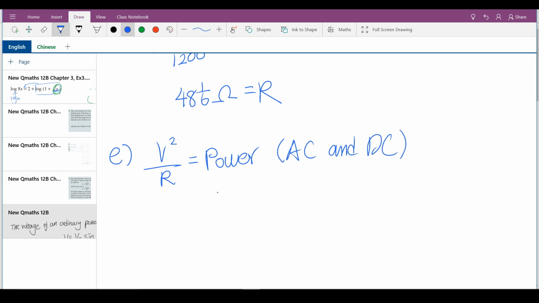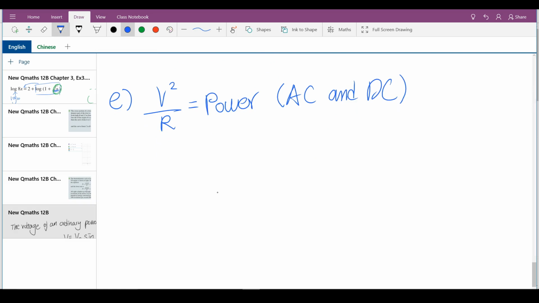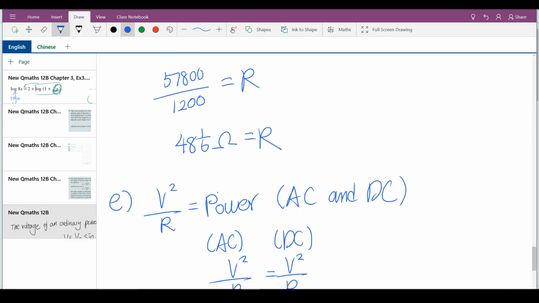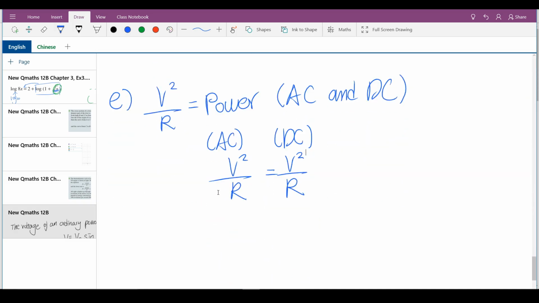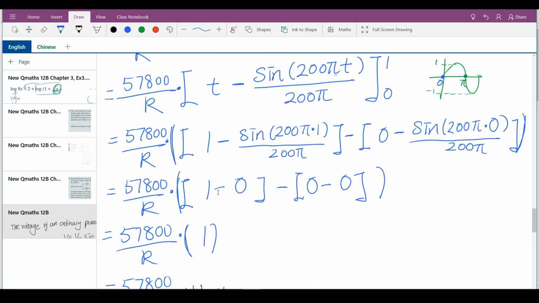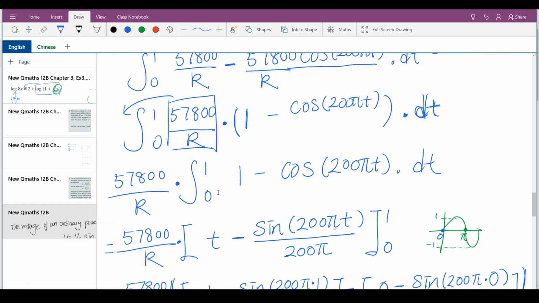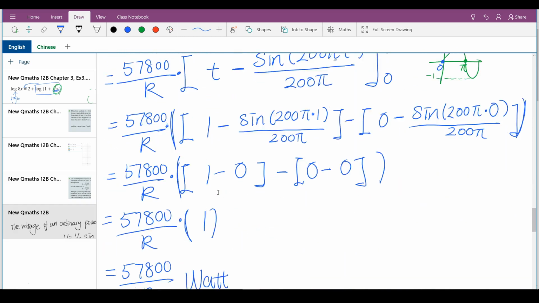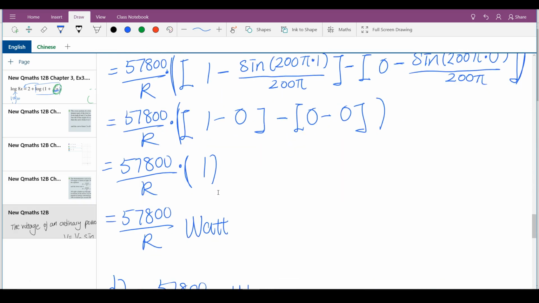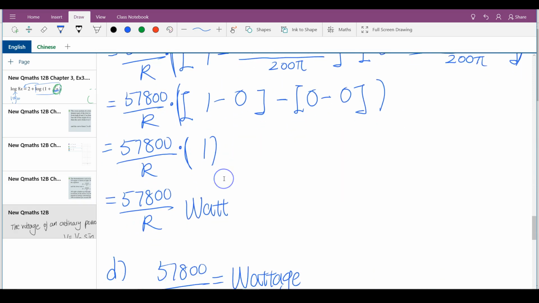So let's just assume that V squared over R of the AC is equal to V squared over R of the DC. We also know that the average power generated by the AC current from 0 to 1 second is this particular answer we got here.